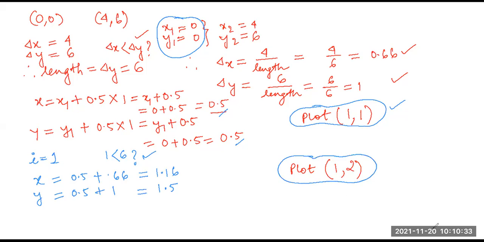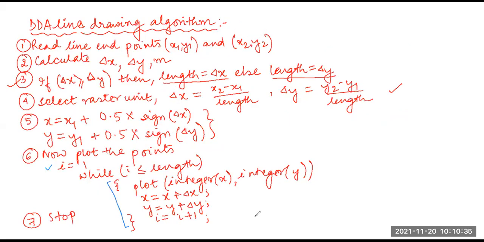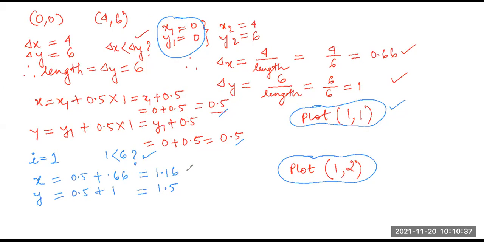Now I will do I equal to I plus 1. So what will be my I plus 1 now? Your I will now be 2. 2 is less than or equal to length? Yes, ma'am. So if yes, what will I do?